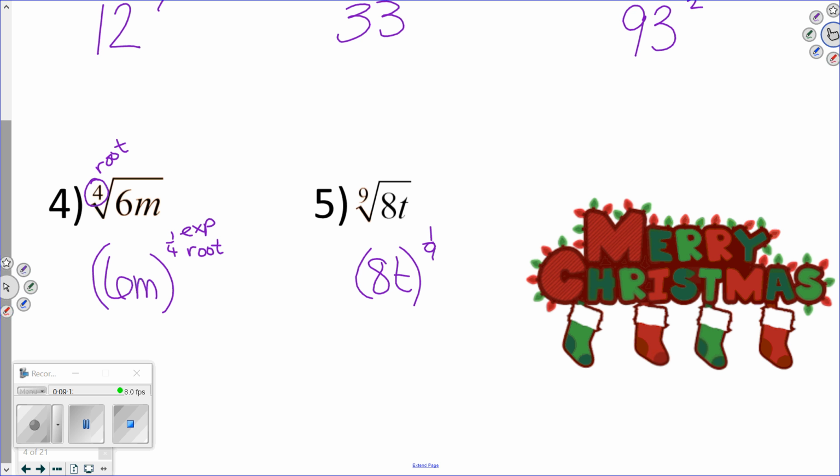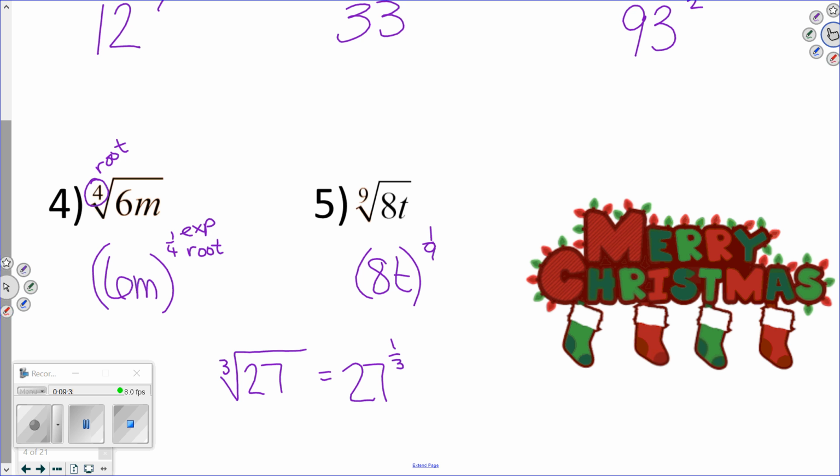Real quick, everybody grab your calculator. So this is a little side note. If I asked you guys what is the cubed root of 27, what would you tell me? It's 3. How would you rewrite this into this form? 27 to the 1/3. Grab your calculator. I want you to see this.